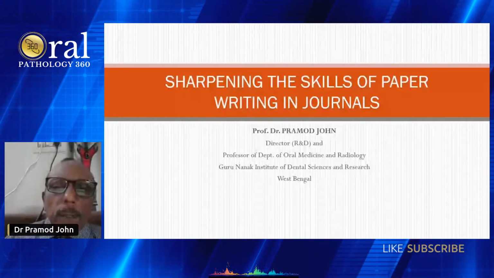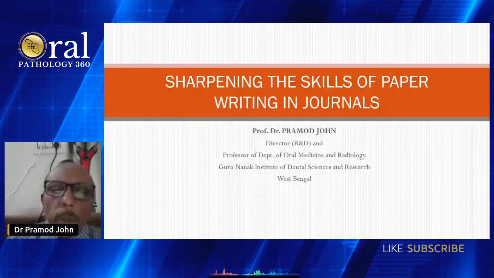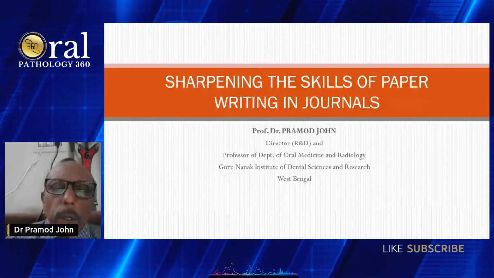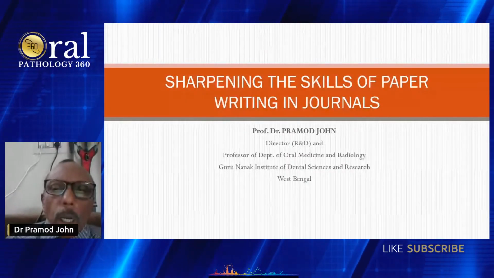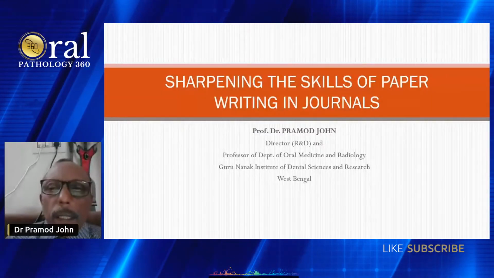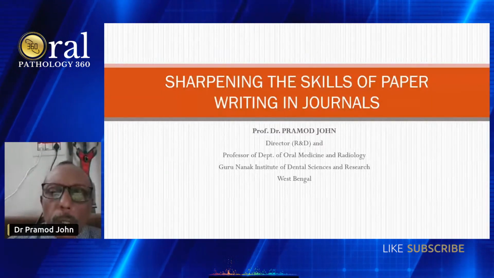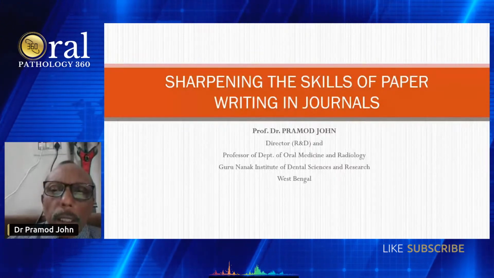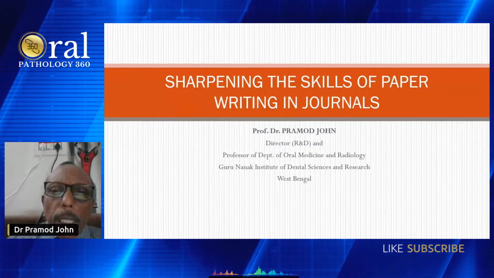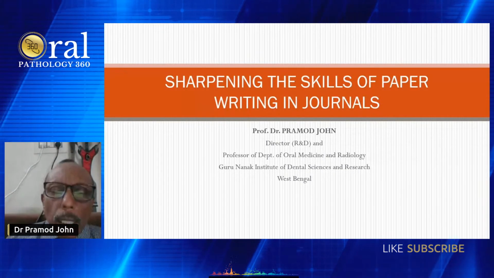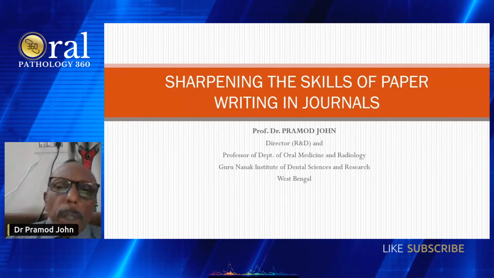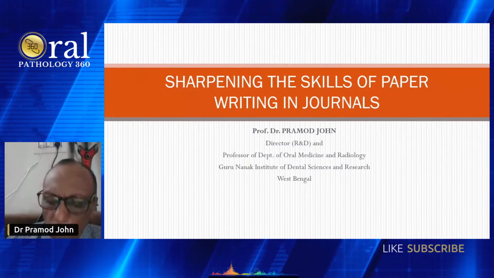So I am going to tell you something about research and publications. You know that research and publication go hand in hand, because once you have done some research, you want the entire world to know about it: that I have done a research and these are my findings. Everywhere you hear that publication is a requirement, be it for NAAC, be it for Dental Council of India, be it for NIRF, publications matter a lot.